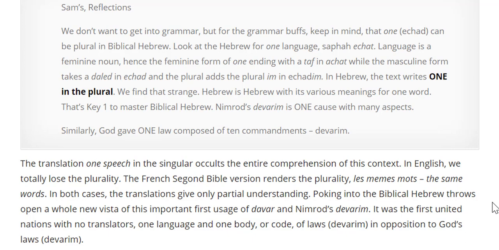It confirms key one, a single biblical Hebrew word having multiple meanings. It unlocks Bible meaning of the pale translation, speech, to reveal Nimrod's causes contrary to God's commandments.